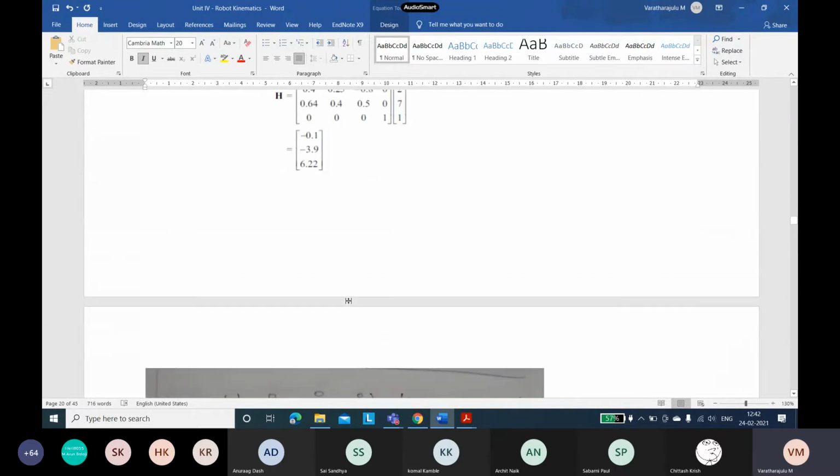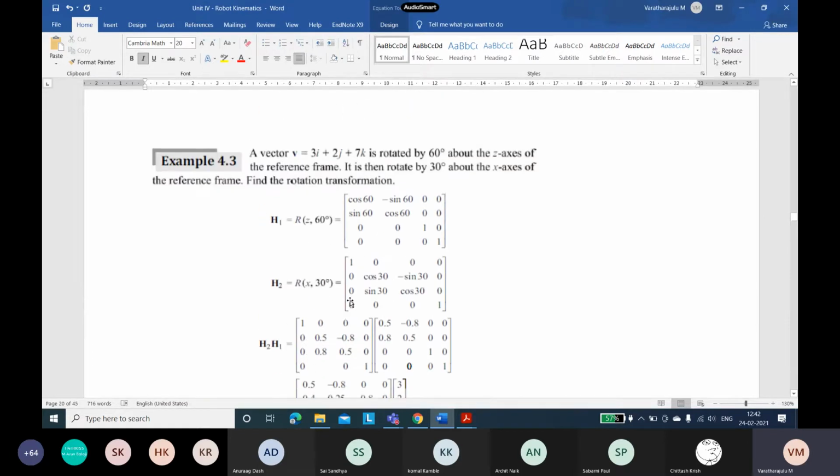And this is not the case here. The second rotation is performed about the reference plane. Then we can take it as H2 and H1. And please make a note of this H1 and H2. It was noted.